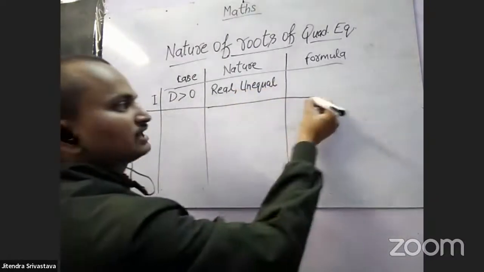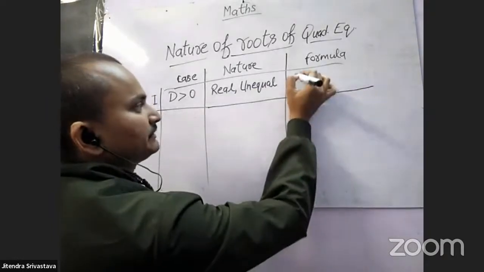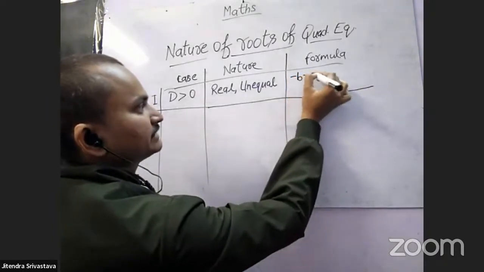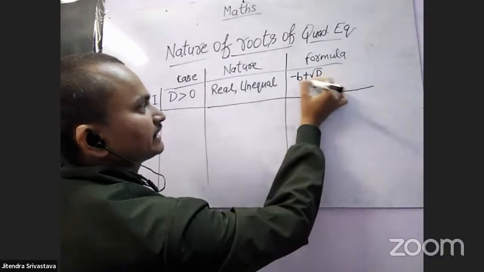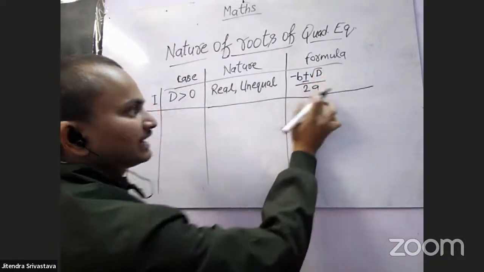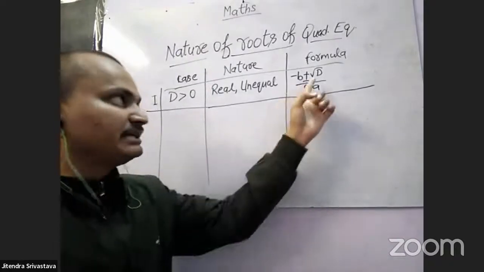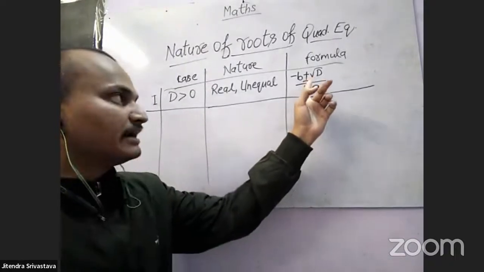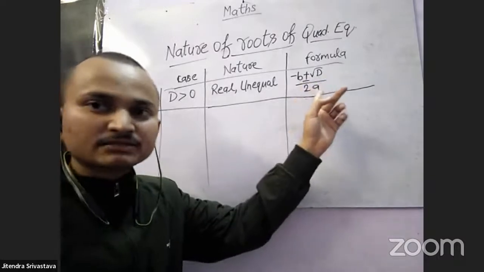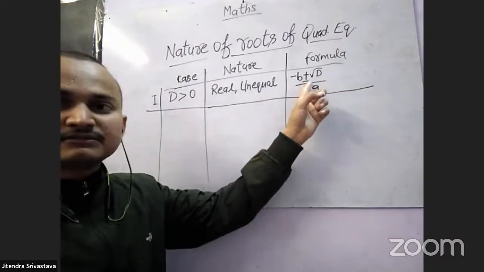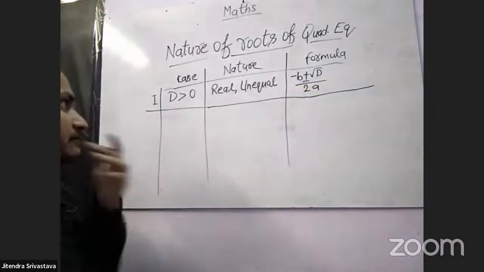And the formula I have told you, it will be minus b plus or minus under root d upon 2a. I have written both formulas together: for alpha it will be plus, and for beta you have to write minus. Okay, I have written both in the same formula only, but don't get confused.